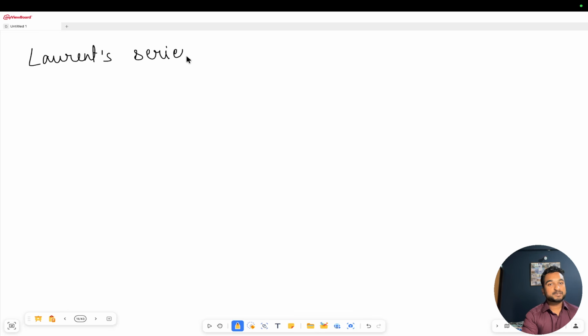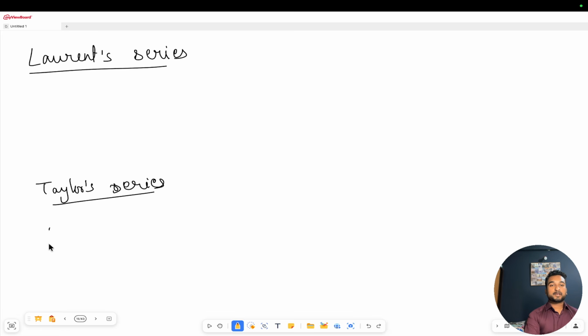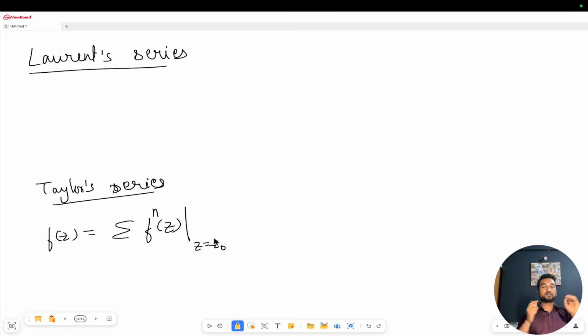You have studied power series, in which there are Taylor series, Maclaurin series and Laurent series. Taylor series I hope everyone knows. First I will write Taylor series. Taylor series is f of z equals summation of f to the power n at z equals z naught, into z minus z naught to the power n, upon n factorial. That means you expand that function about some particular point.